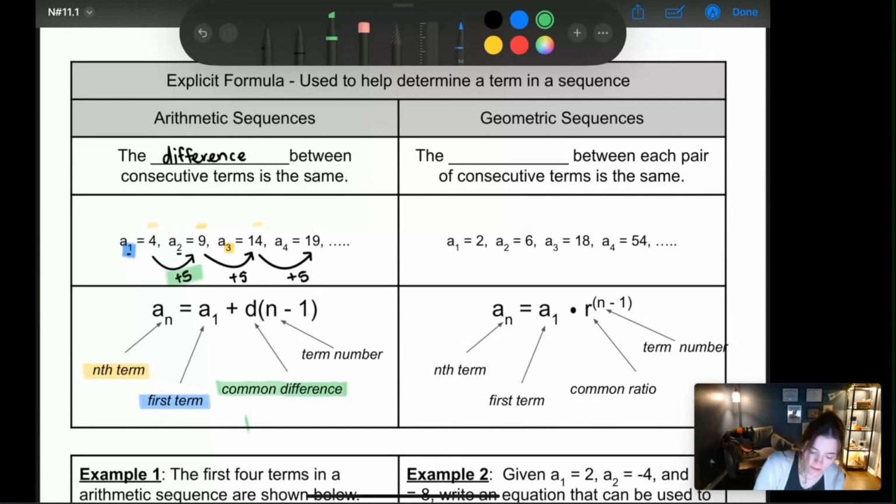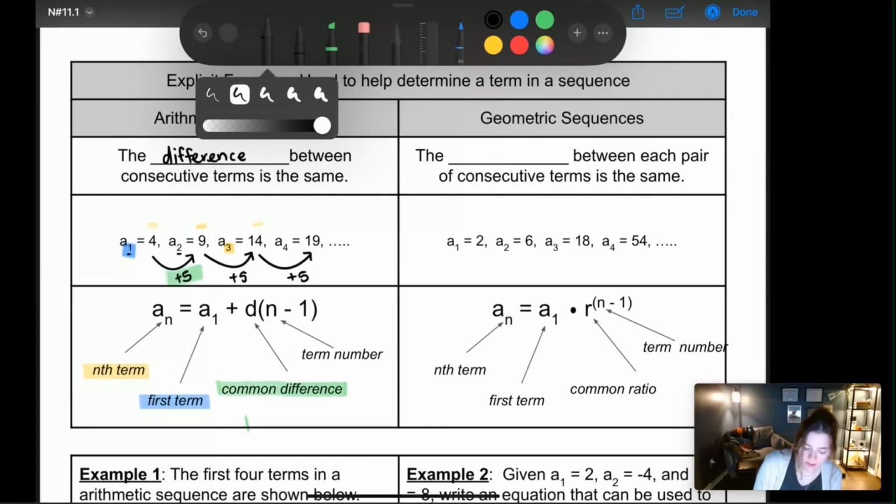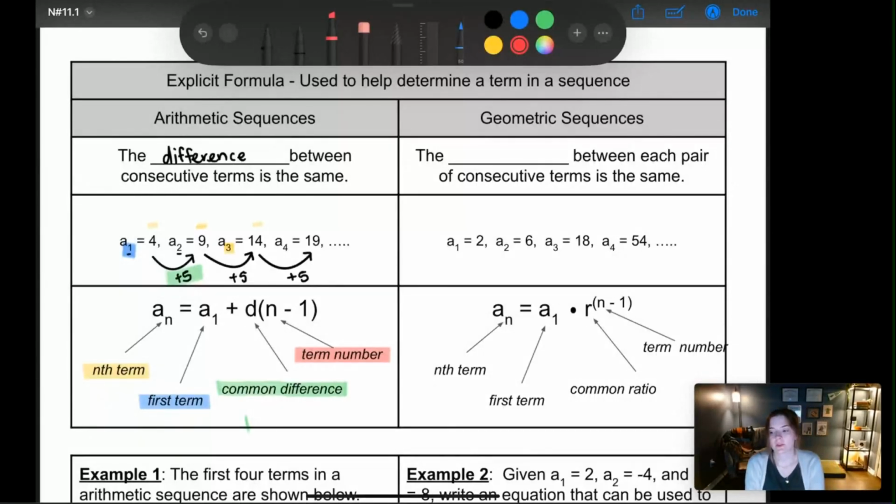And then N, like we talked about here, is the term number. Is it the 7th term? Is it the first term? Is it the 12th term? It'll ask you specifically something like, what would be the 8th term in the sequence? And that's what you would plug in, the number 8.